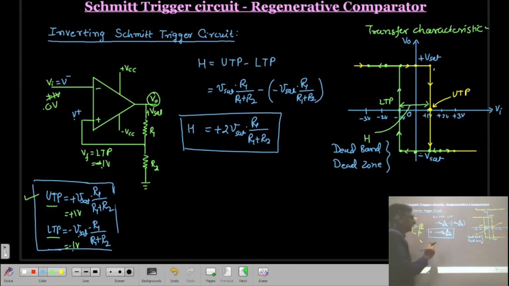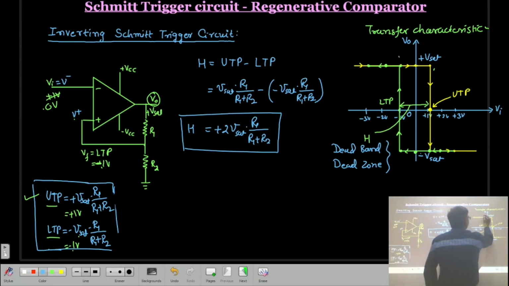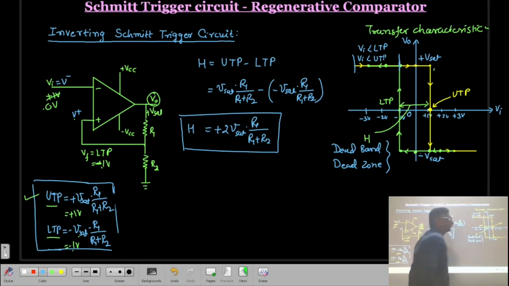Now try to understand here, in this region. Remember, in this region my input voltage is less than LTP as well as less than UTP.